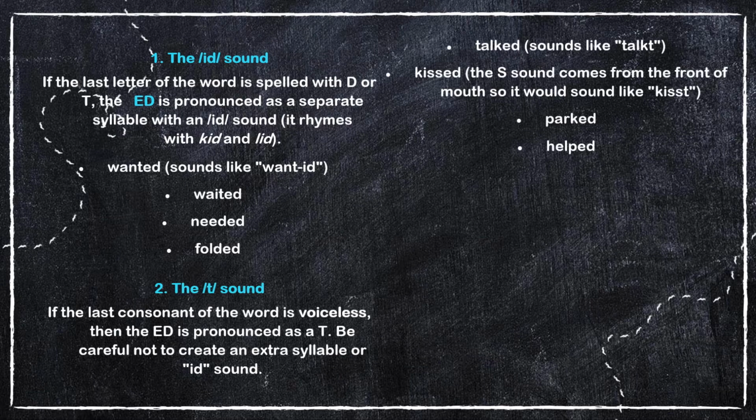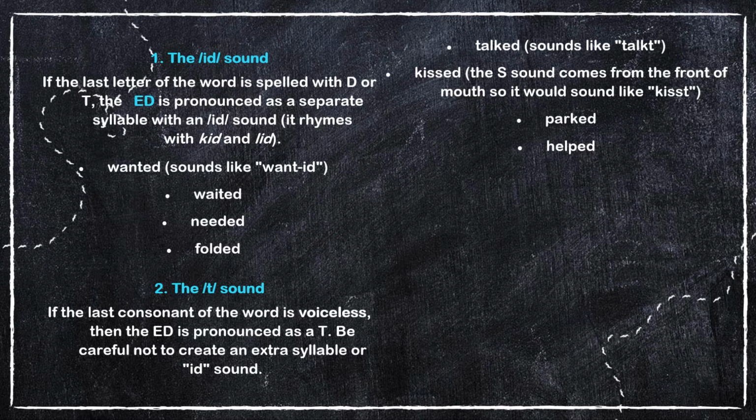Then you have the T sound. If the last consonant of the word is voiceless, then the ed is pronounced as a T. Be careful not to create an extra syllable or id sound. For example, talk, talked. Listen, kiss.